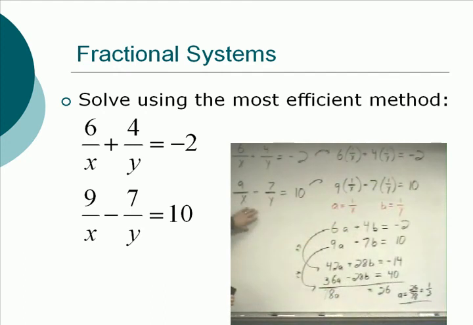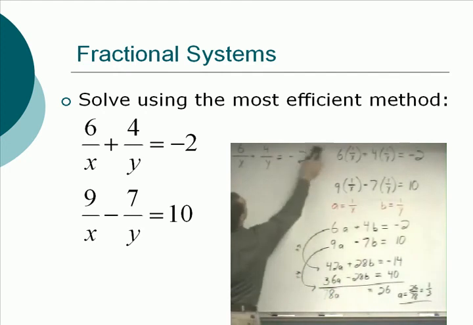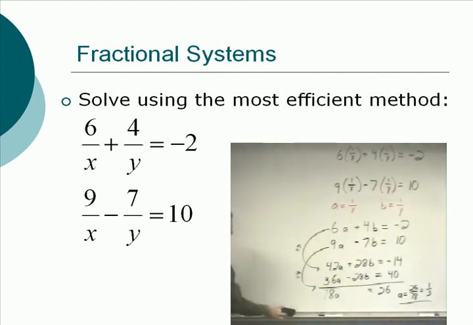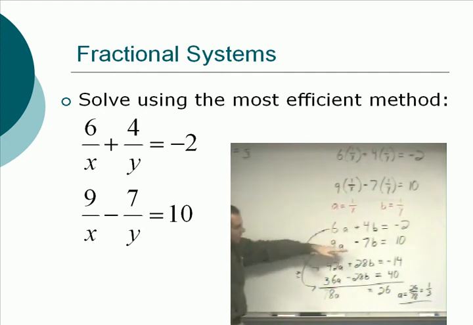I'm going to erase this original part to save some room here. Now we know that a is 1/3. So let's grab one of these equations and solve for b. We can't use those because we don't really know what x and y are. Well, we kind of do, but these are the ones involving a and b, so let's grab one of these.